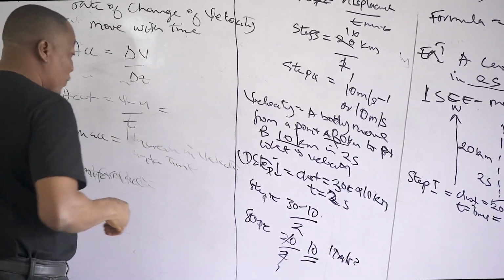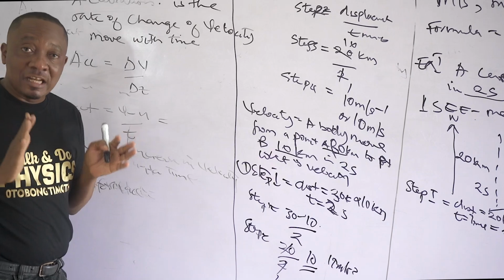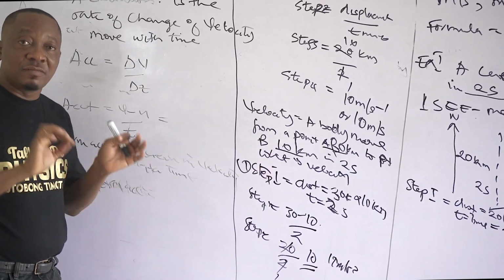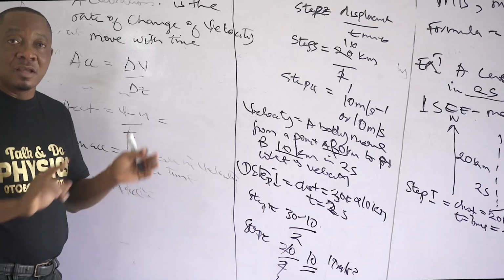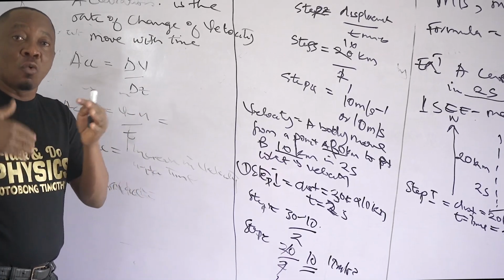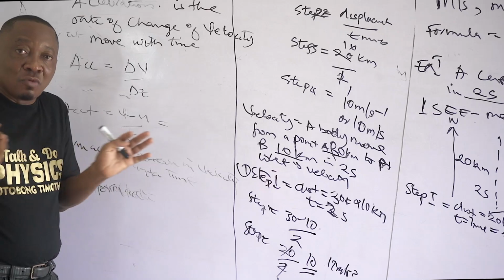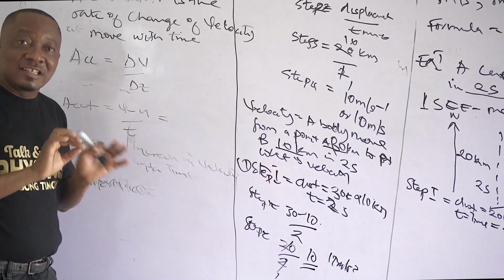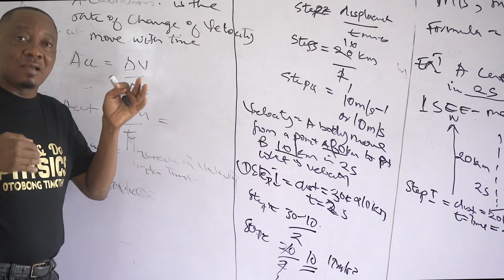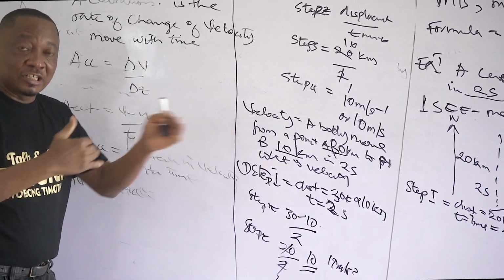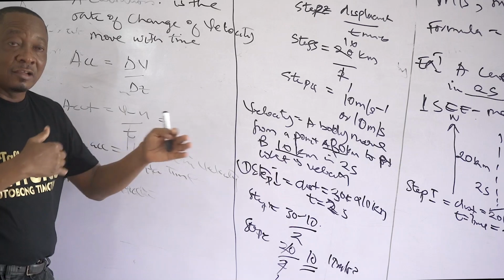So we can now see that acceleration is a change of velocity divided by time. Uniform acceleration is the increase in velocity with equal time, no matter the small amount of time, while non-uniform acceleration is a decrease in velocity with the time. So you should check the differences between non-uniform and uniform.